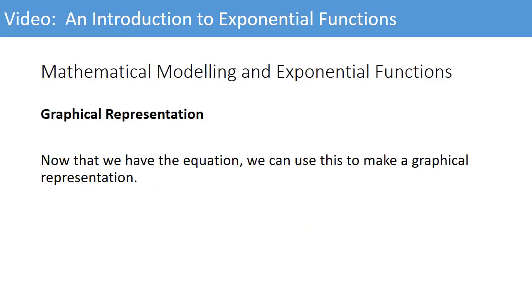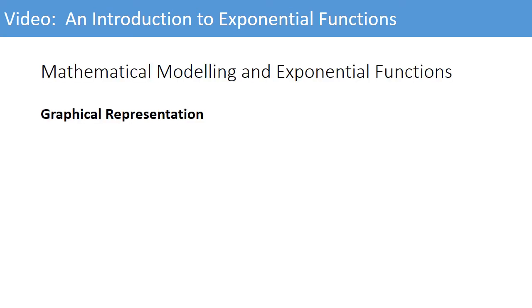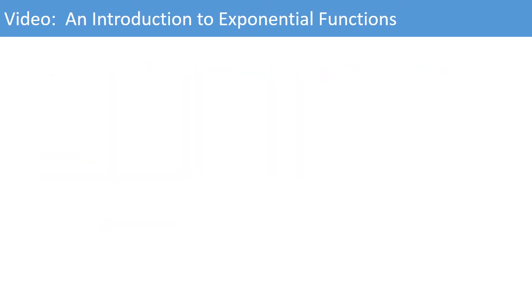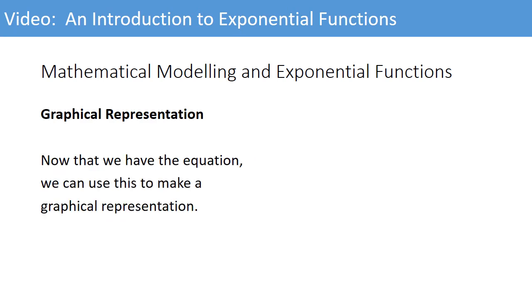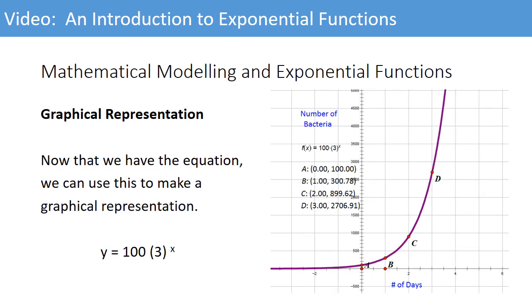So, next we want to look at the graphical representation. Here is the equation that we derived: y equals 100 times 3 to the exponent x. Now what we need to do is take our equation and put it into Geometry Sketchpad, Desmos, or whatever graphing software you're using.